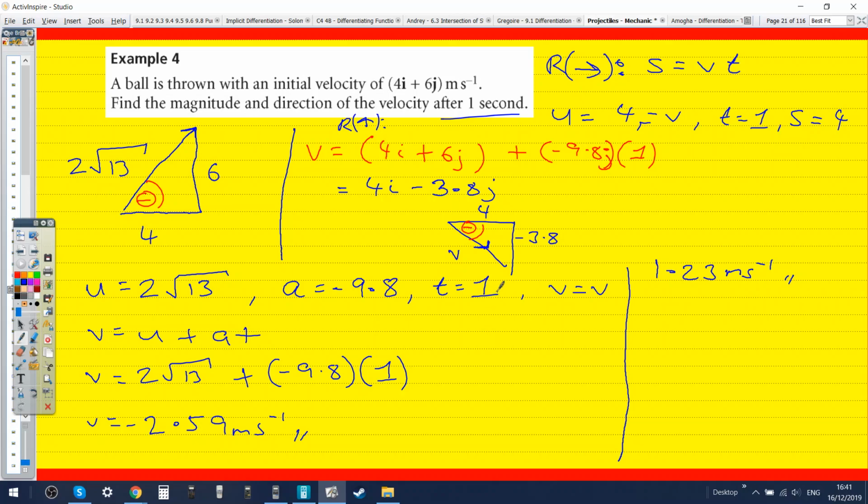There's a simpler thing you can do. Could we use tan? Yeah. So that's minus 3.8 over 4, and then tan to the minus 1.